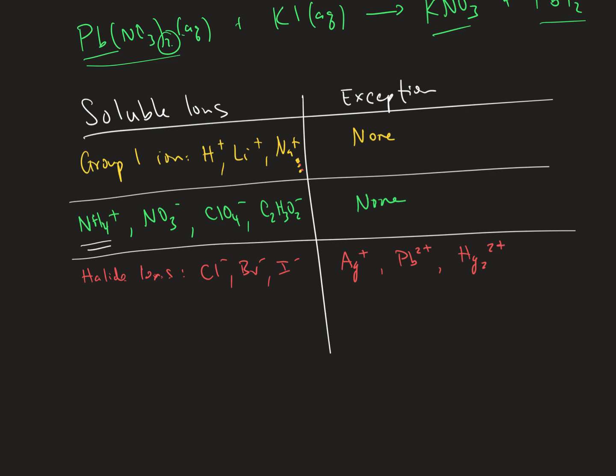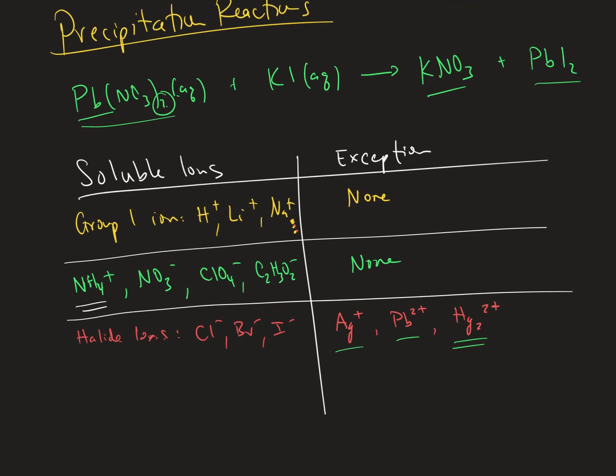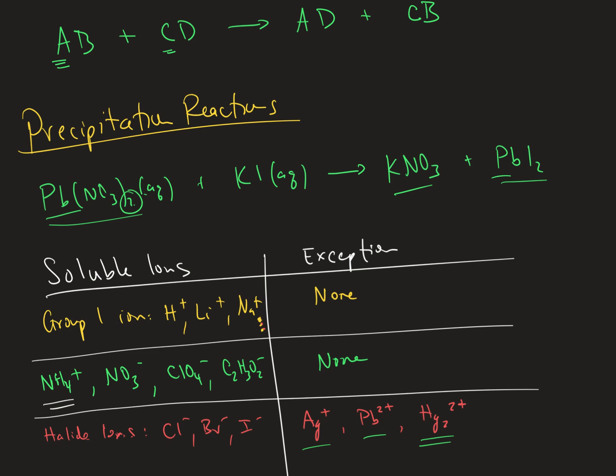Which, I don't know why I put this, we hardly ever see that. But it's one of them. So these are the 2 main ones you need to know for that. So in our compound here, we have iodine in there, but it's with lead 2+. Therefore, that's a solid. Good?